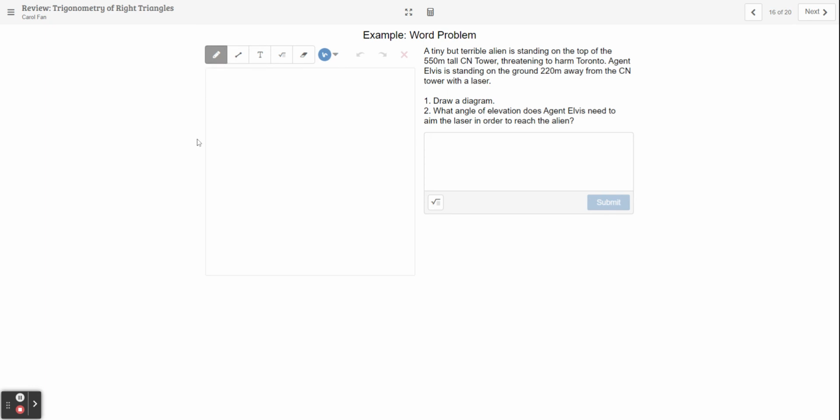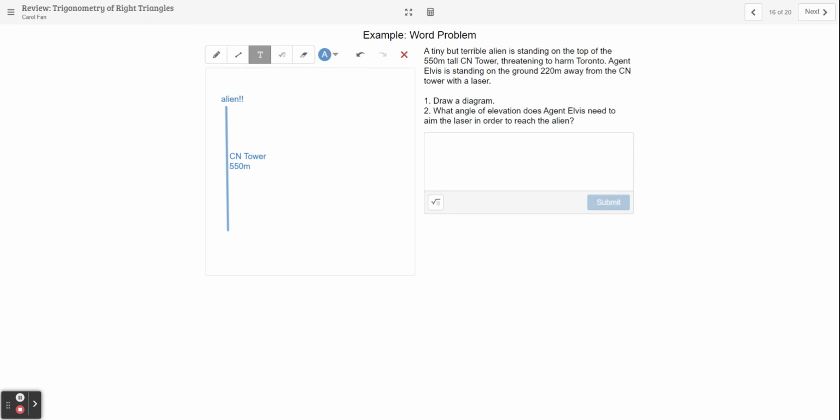Let's draw our diagram here. So I have my CN Tower. CN Tower is 550 meters. There's an alien up top.